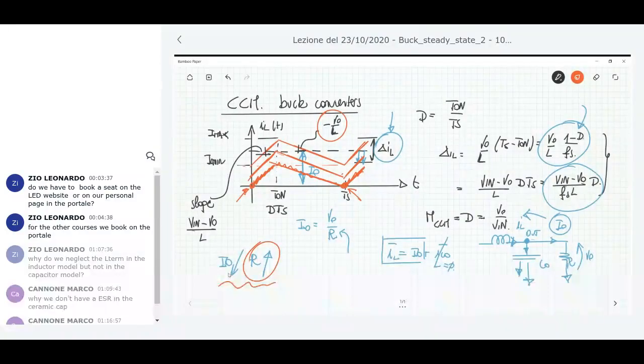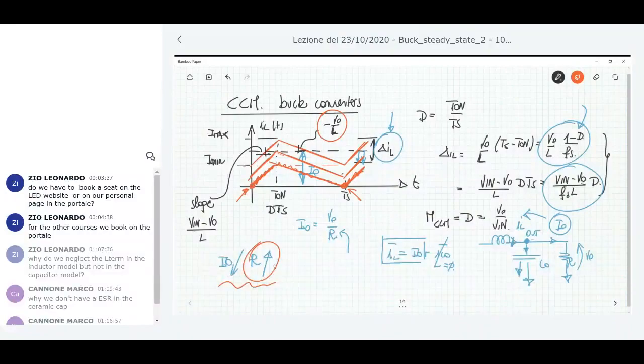So in that situation, you have to understand that you are in the discontinuous induction mode. Sometimes the same converters are designed to be operated in discontinuous induction mode for any kind of output current, so for any load connected to the output. So these are different situations you can meet in practical design.